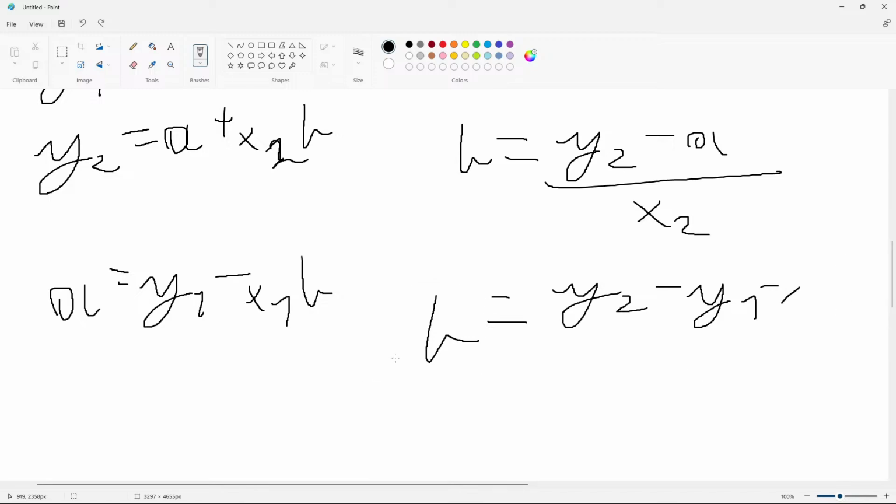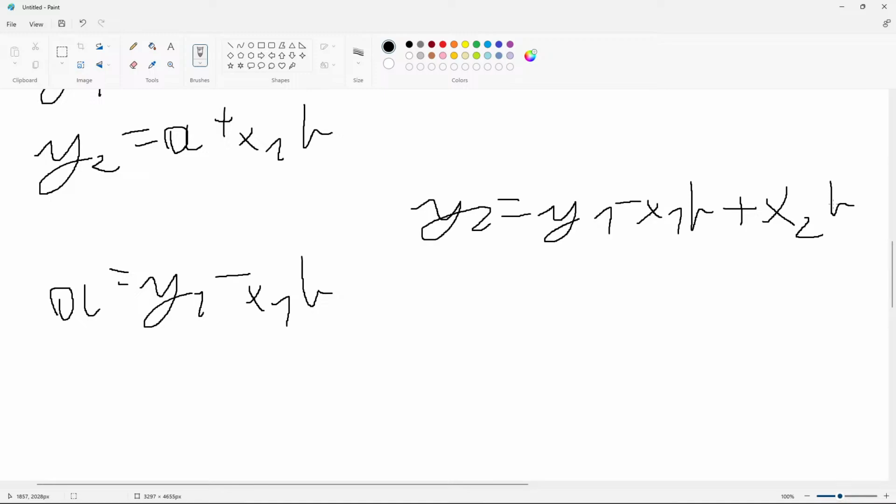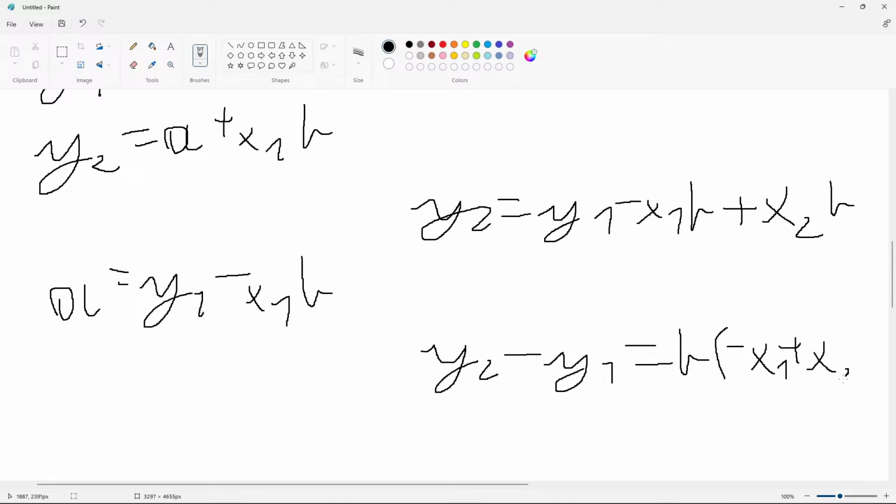Now, the simpler way to do it would be to start by replacing the a, which basically means y2 is equal to y1 minus x1b plus x2b. And this is a simpler way, because then we can bring it to the other side, so y2 minus y1 is equal to, and over here, all the b's outside, so negative x1 plus x2, times b.